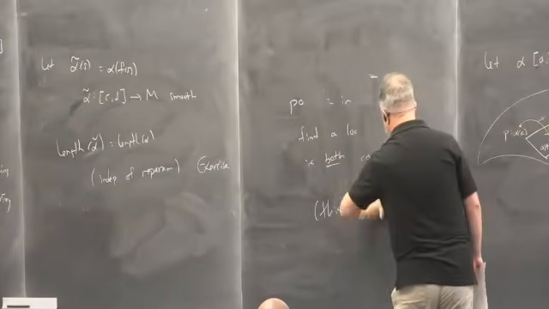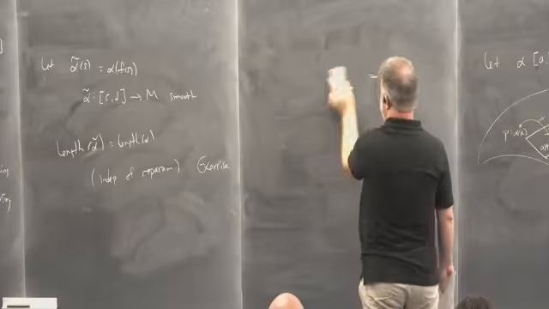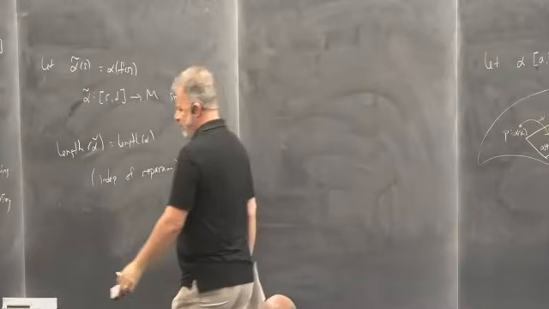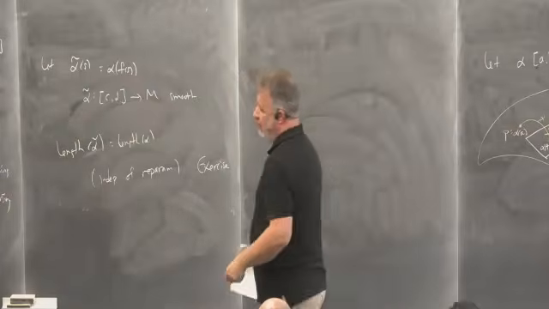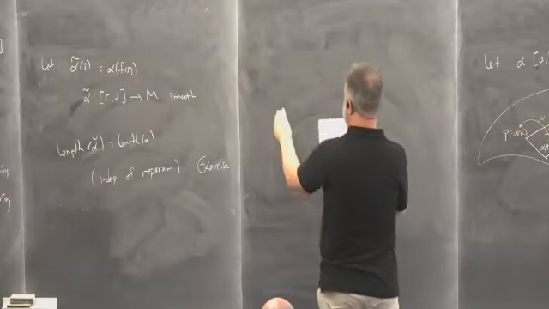And another fact is that because of this, we can always pick a sort of canonical reparametrization preserving the orientation, which is what's called a unit speed parametrization.